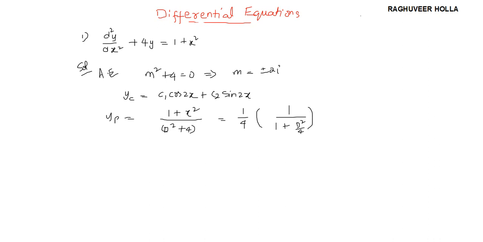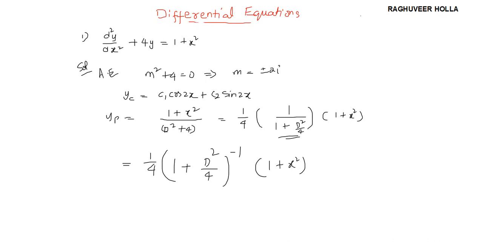Now it is multiplied with 1 plus x square. If I take this to the numerator, I get 1 plus d square by 4 to the power of minus 1, multiplied with 1 plus x square.